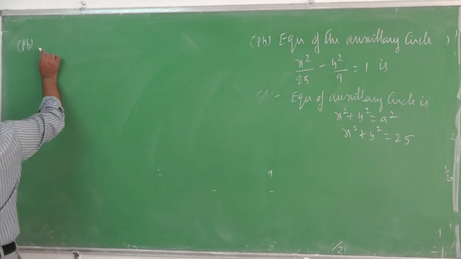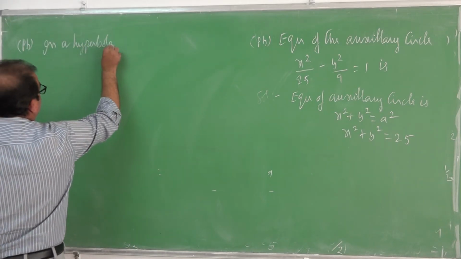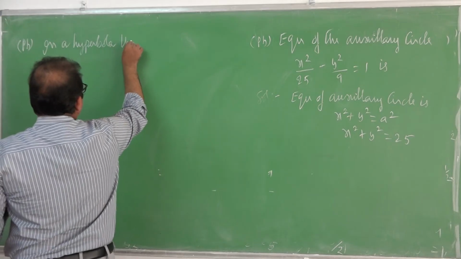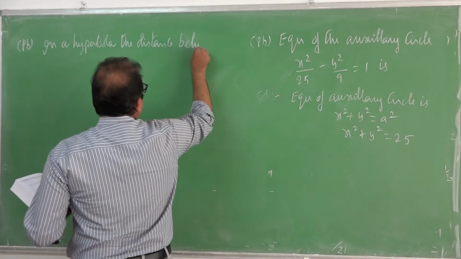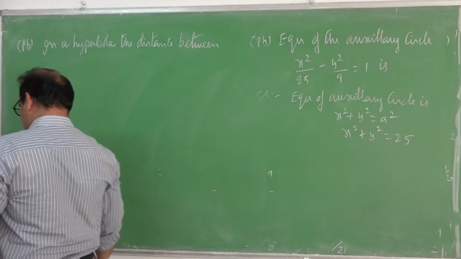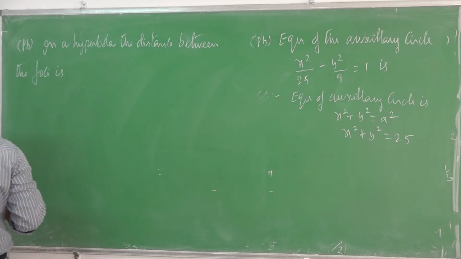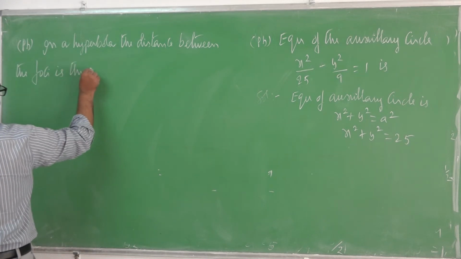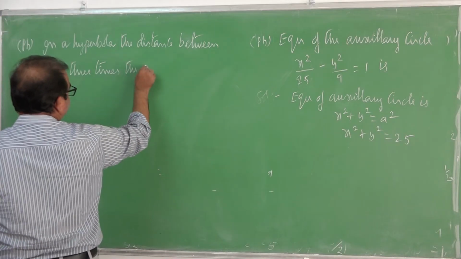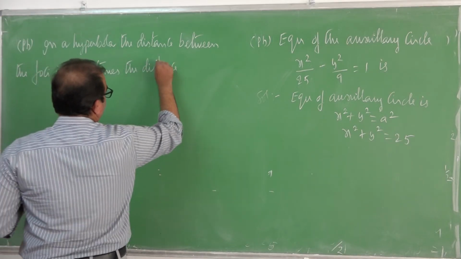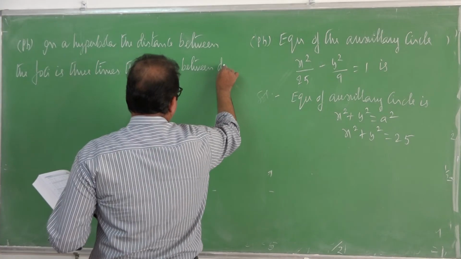Right, first problem. In a hyperbola, the distance between the foci is 3 times the distance between the directrices.